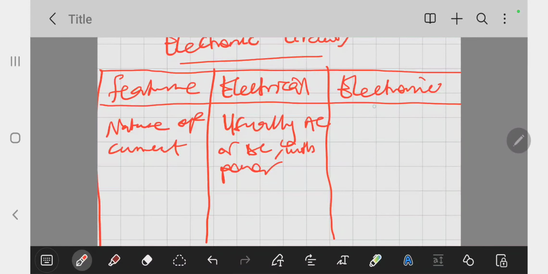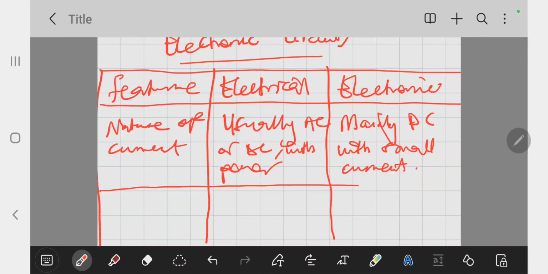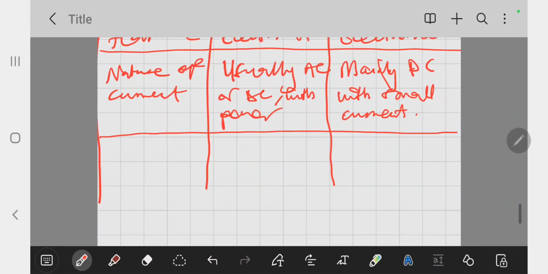Then when you talk about electronics, you rarely find AC, so it is mainly DC with small current. Okay, so that's it about the nature of the current.